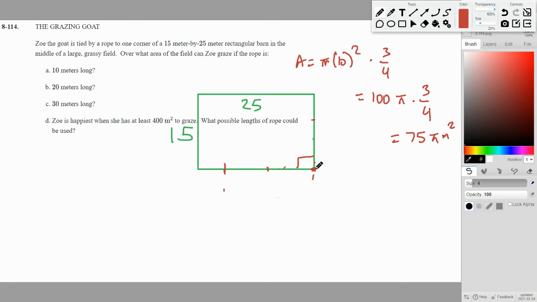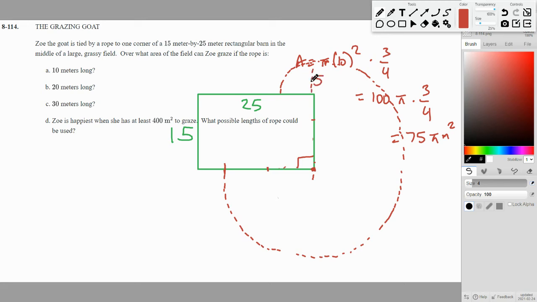But if you see this by now, hopefully you'll notice that because the 15 is there, there's this portion of the circle that we go past the width here. And so we still have about 5 meters of rope at this section right here.